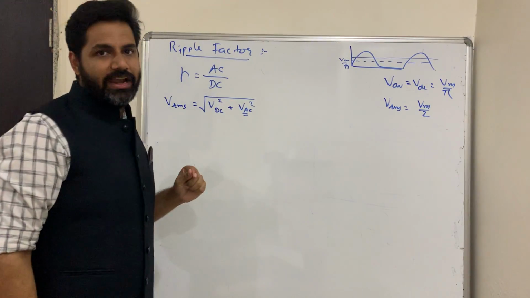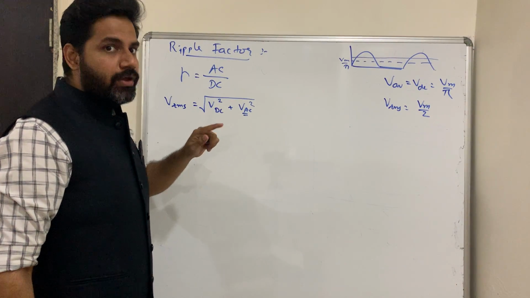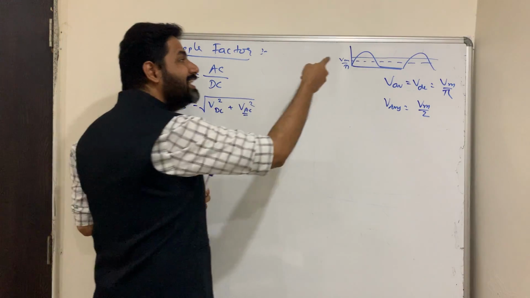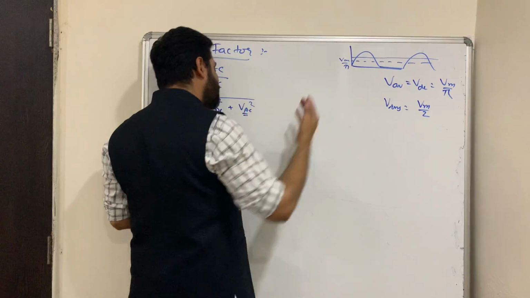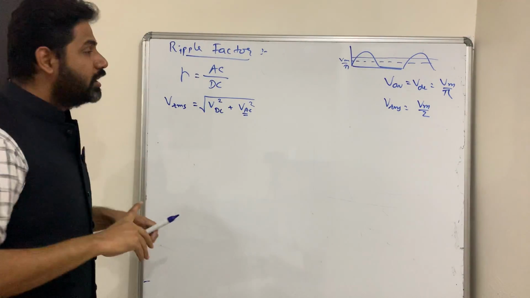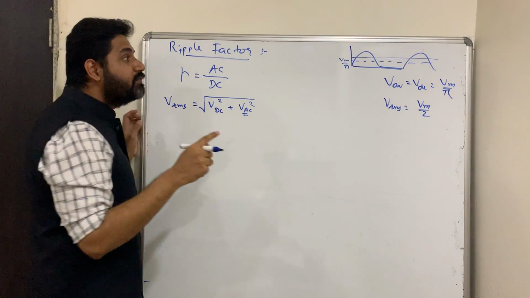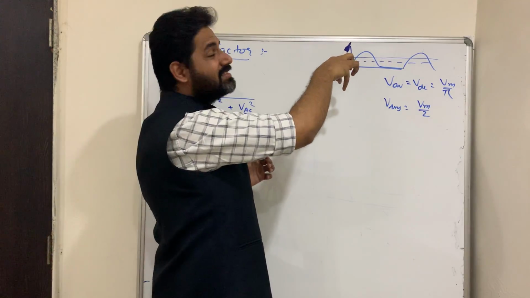This is my RMS value for the whole waveform. The whole waveform means the DC is considered into it, and at the same time the AC component is also considered into it. But right now I am looking for only the AC component available inside it.